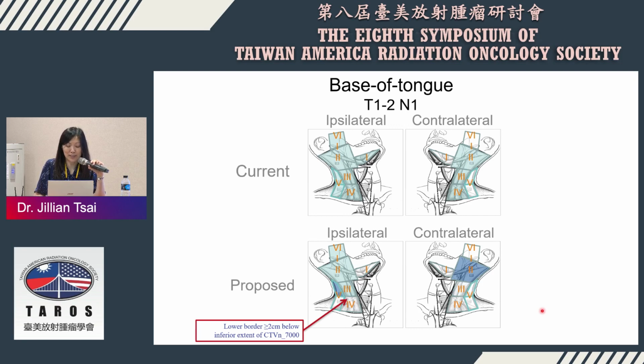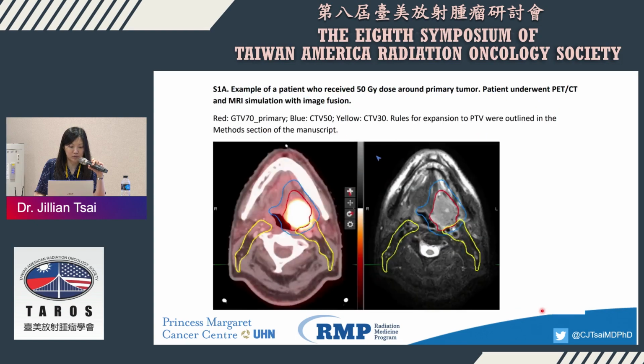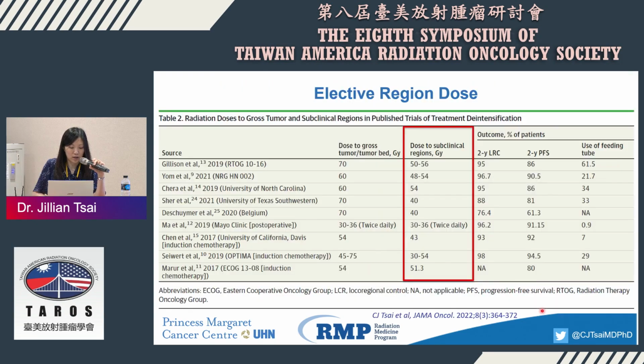HPV positive, but we believe that it could be for HPV negative as well, because there are other clinical trials that I previously alluded to. For example, the David Sher trial at Southwestern and the Belgium trial, they both use 40 gray elective. So these are clinical trials using 40 gray elective.